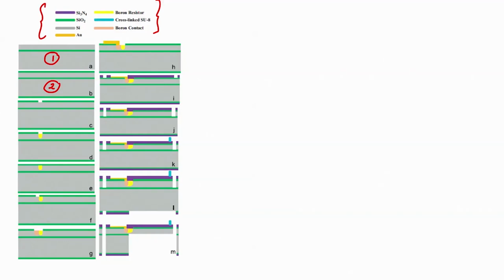Then yellow is boron resistor, blue is cross-linked SU8, and orange is boron contact. Okay. So, our second step is to grow oxide on SOI. First step is SOI, sorry.